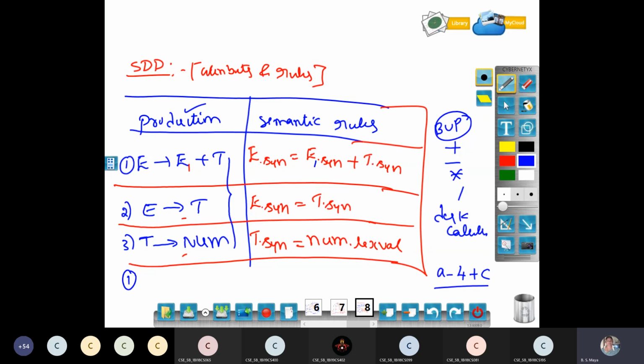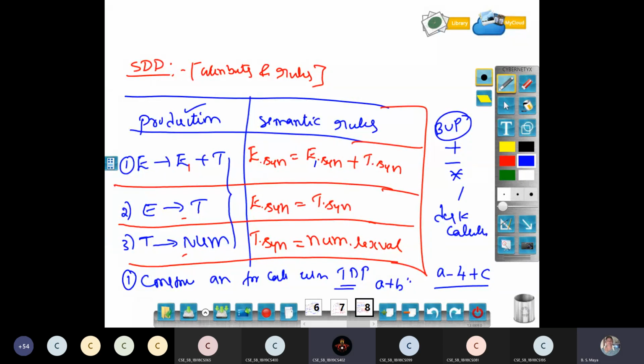If the question says construct an annotated tree for calculator using top-down parsing for the input a plus b, then, as a student asked, shall I remove left recursion?